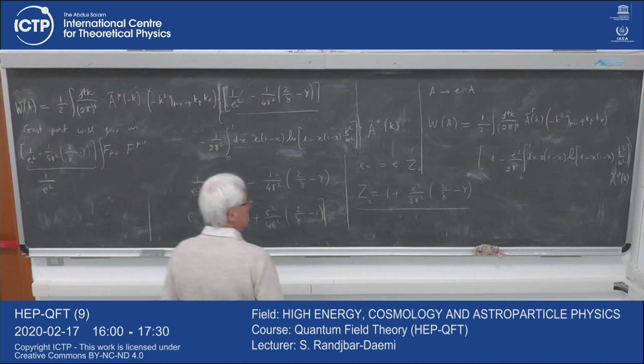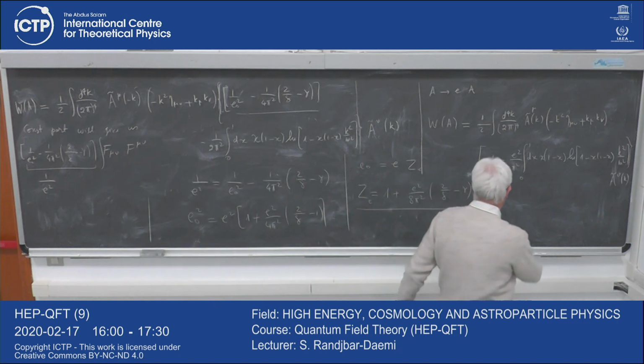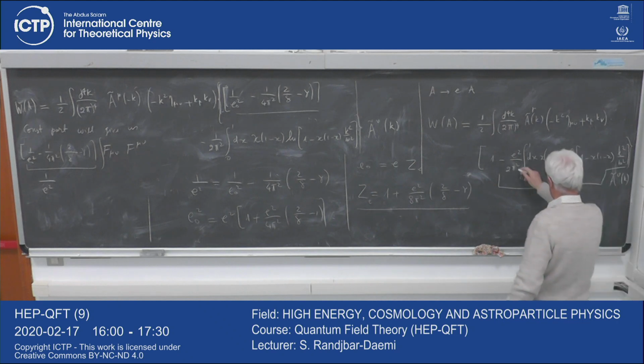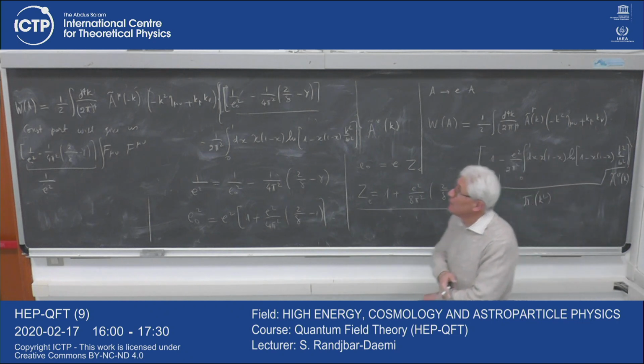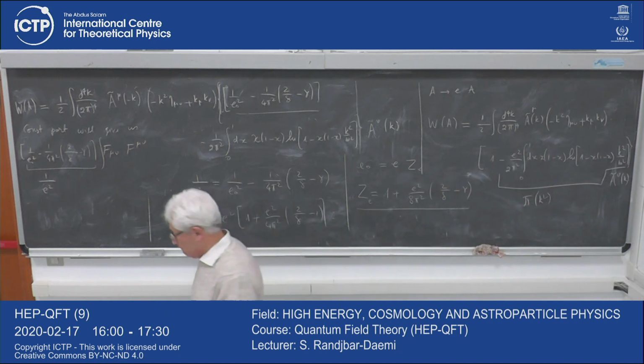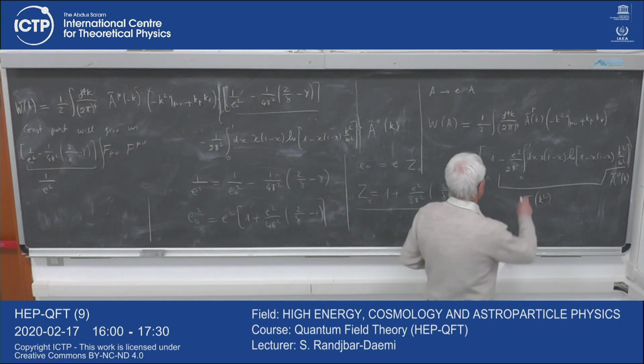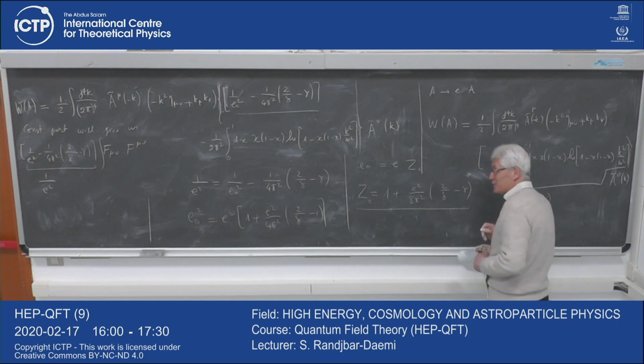Very long expression. Again, for next time, I'm going to give a name to this whole loop correction and call it pi of k squared. In the last expression, the first factor of A tilde should have minus k. Yeah, this also should have minus k. Thank you.